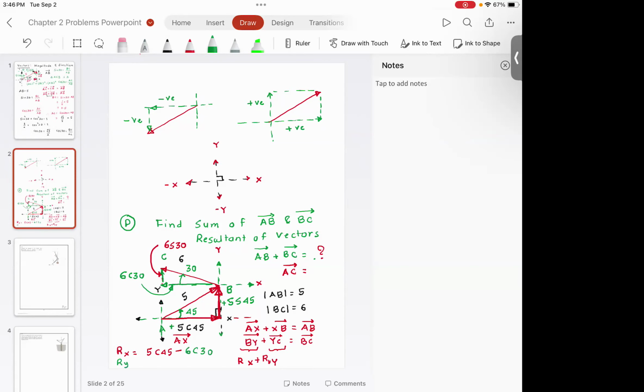Ry is equal to 5 sine 45 plus 6 sine 30. You agree with me?